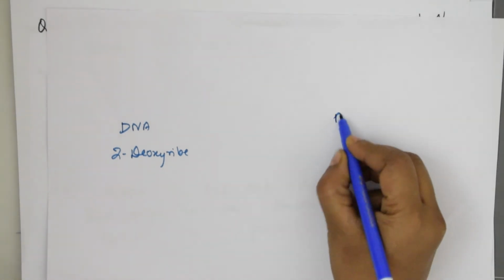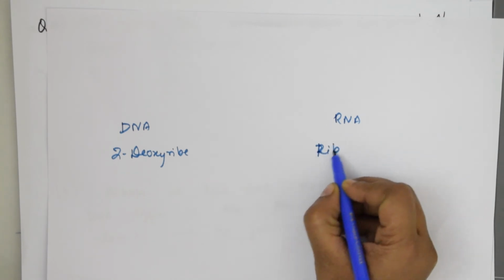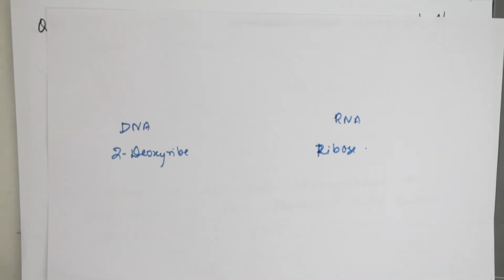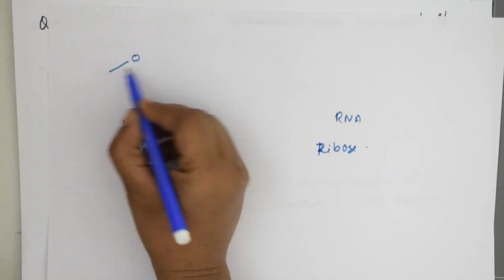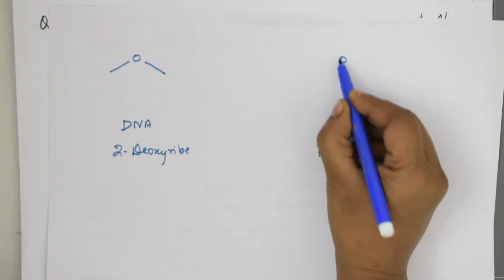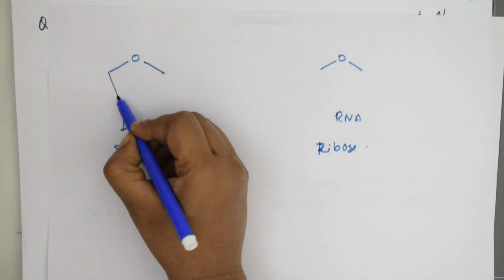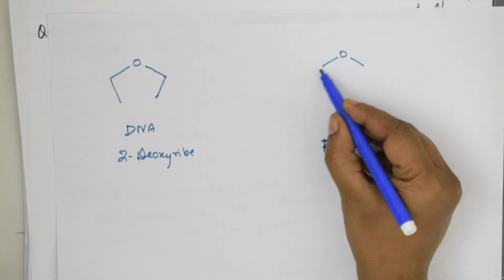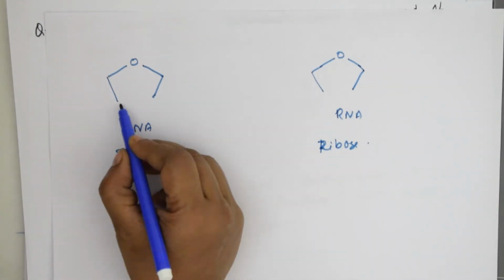When I take RNA, I'm going to write it as ribose sugar. Now let's see. In both, first you have your oxygen, here also oxygen, right? So link it here. In biomolecules I have shown you how to draw the structures.